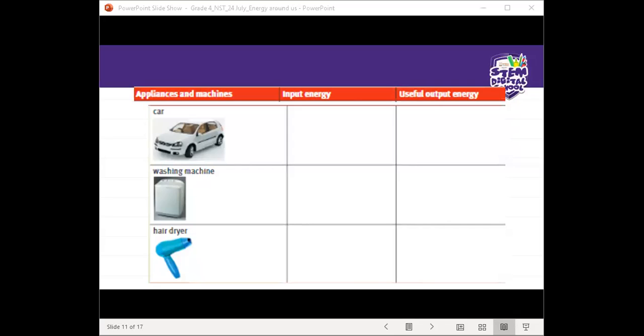All right, and then the output energy? The output, what do you use the car for? To get from place to place.